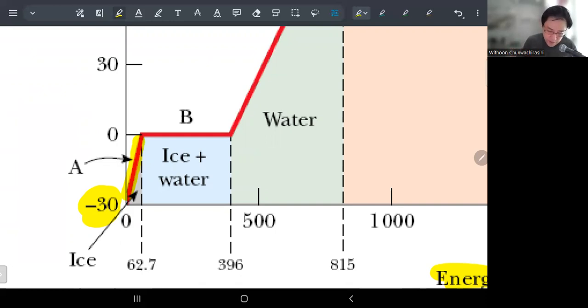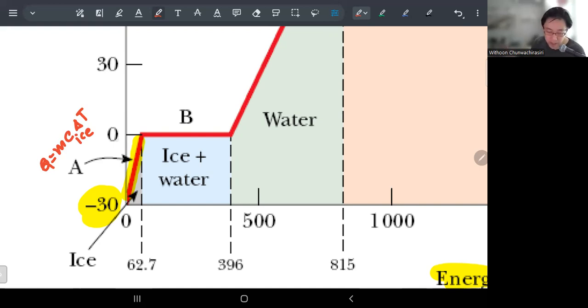So over here, you will be using Q equal to MC delta T. Does that make sense? Because this portion doesn't have any phase transition. And the C that you're supposed to put in here is C of ice. And of course, the specific heat of ice is not the same as the specific heat of liquid water. They are different.